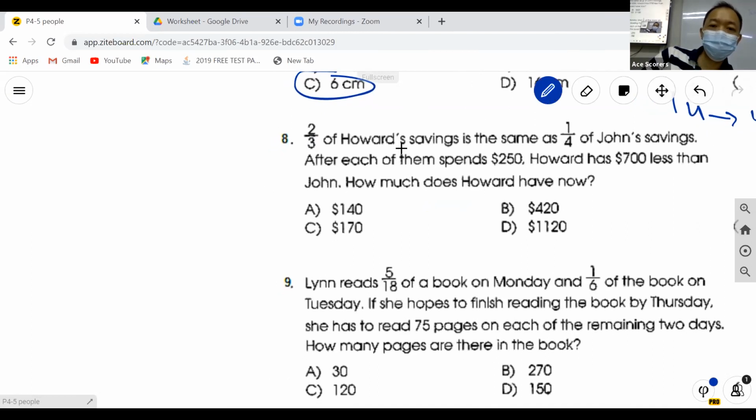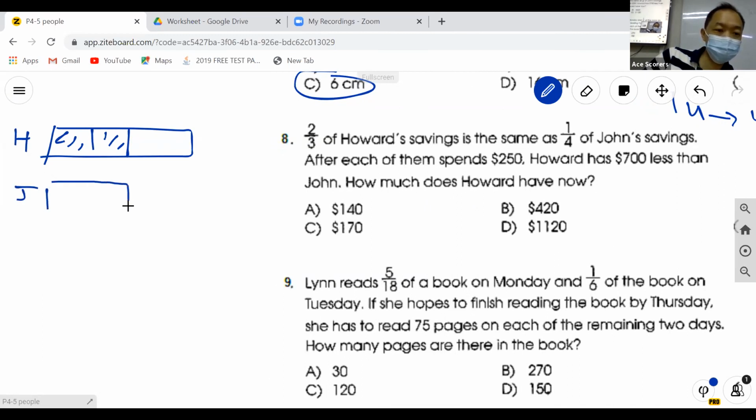Okay? So 2/3 of Howard's saving is the same as 1/4 of John's saving. So we're going to draw a diagram. 2/3 means this one and this one. H for Howard and is equal to 1/4.